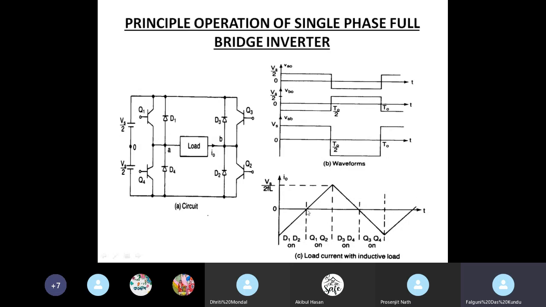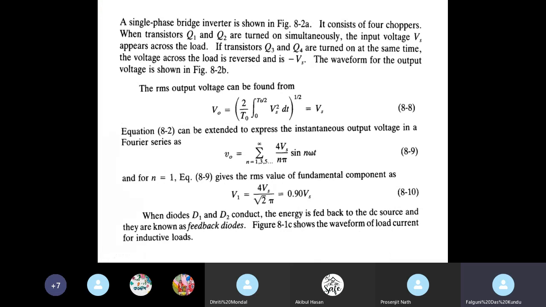So this negative portion is due to D1, and when D1 and D2 are on, then the positive portion is when Q1, Q2 is on, then again the decreasing part when D3 and D4 are on, and the negative decreasing part when Q3 and Q4 are on, and then another cycle starts. Already it is said that it consists of four choppers, and the transistors Q1, Q2 are turned on simultaneously.